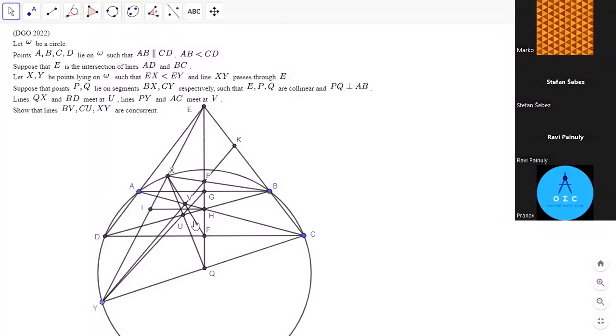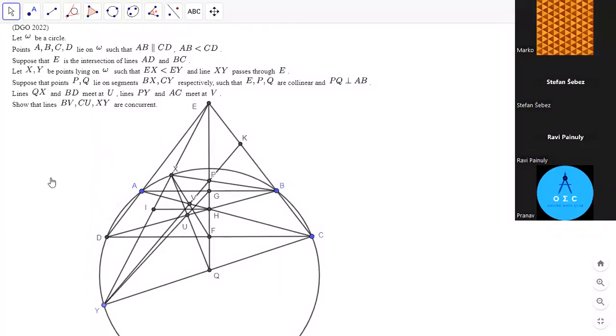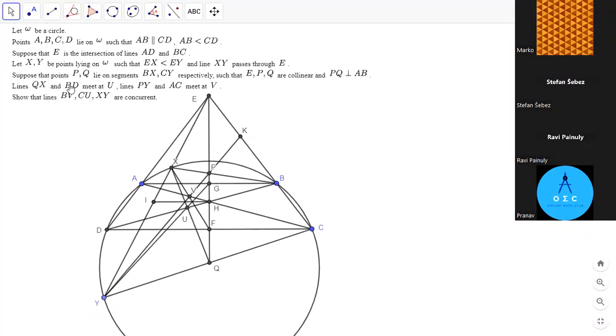Maybe we show it the other way around. First, show that EHPQ is harmonic. For example, if E, H, P, and Q are harmonic, could we project those through B?